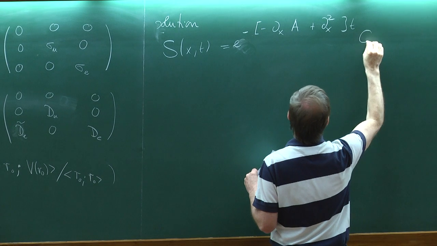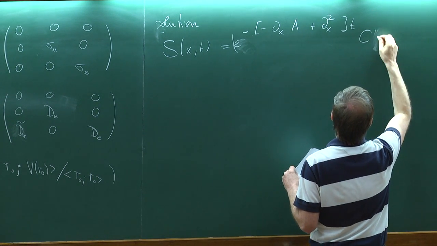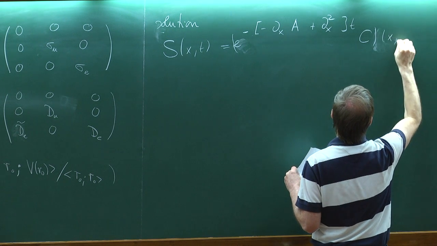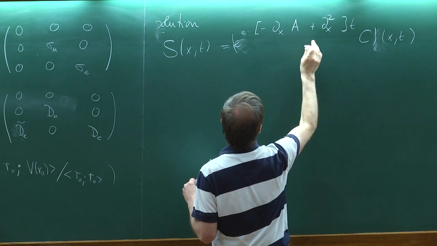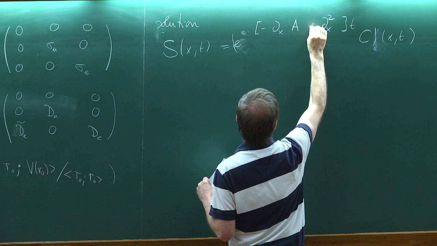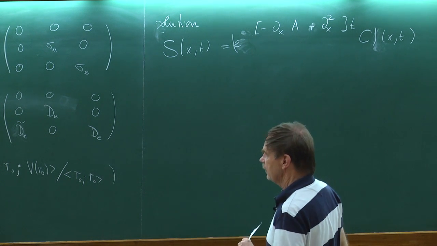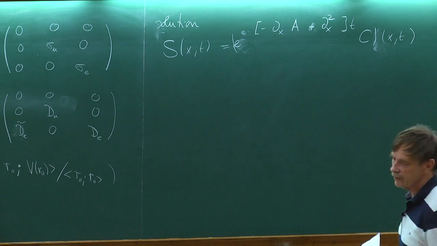And there's the C, and everything down here. It depends on x and t. Let's see, I put a minus sign, I put a plus sign. Yeah, I think that's okay. So this is now the correct result, right?